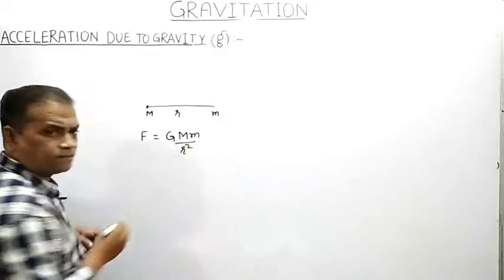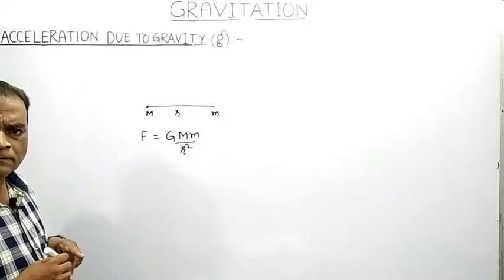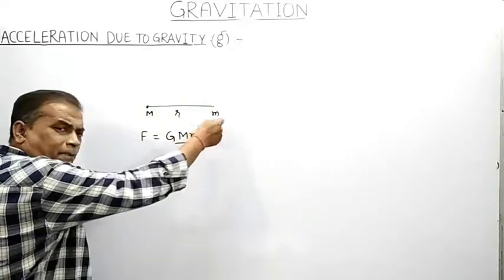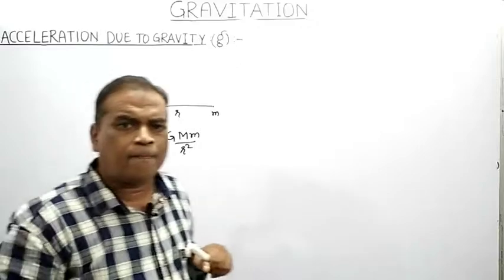R square. Here a particle of mass M will attract another point particle of mass small m.